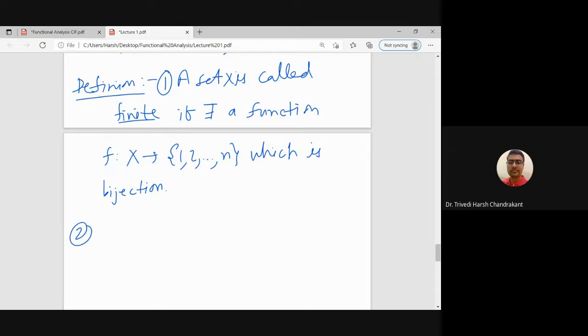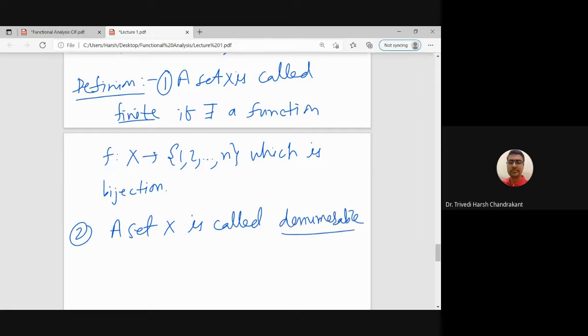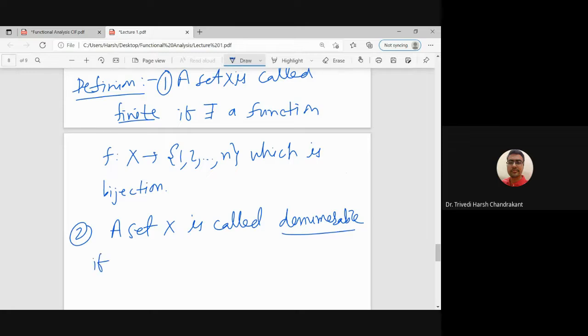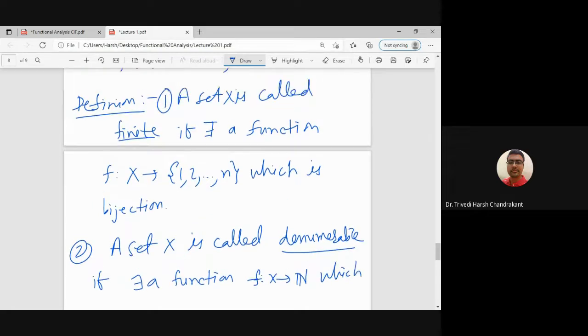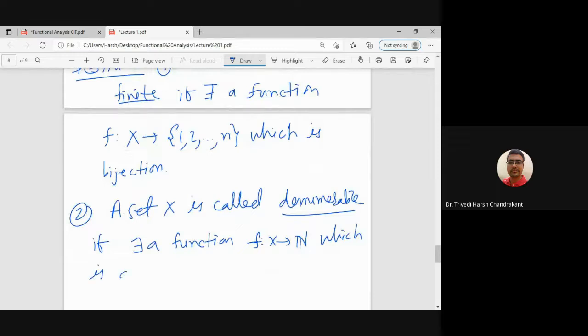The same way we can define the denumerable set. A set X is called denumerable if there exists a function f from X to the set of natural numbers which is a bijection.